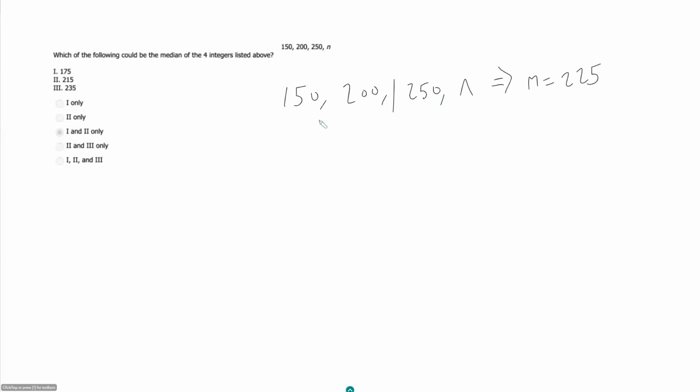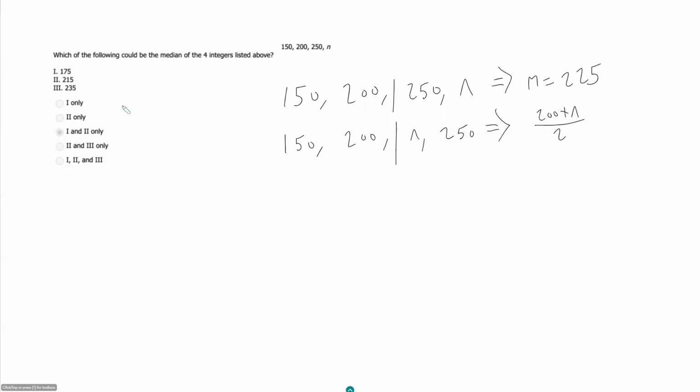Let's say n is the third biggest number. I should say the second biggest number. So in this case, our median will be here, and it will be the average of 200 plus n over 2, and n has to be between 200 and 250 inclusive.